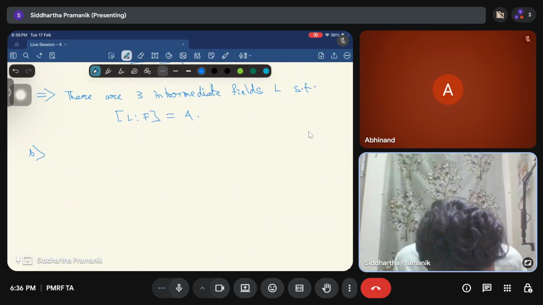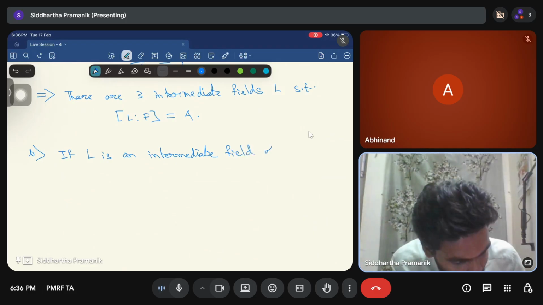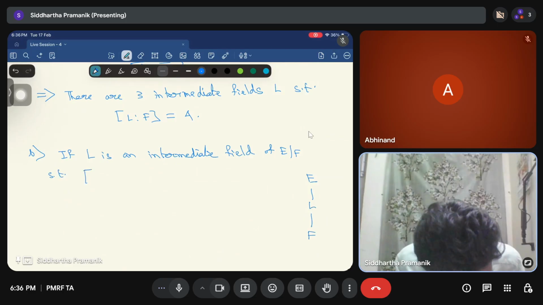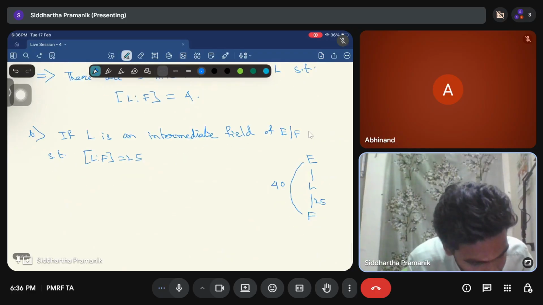If L is an intermediate field of E over F, that means we have E on the top, L in the middle and F at the bottom, such that the degree of L over F is 25. So this degree is 25 and this degree is 40, that we have already got, but degree is multiplicative, right?